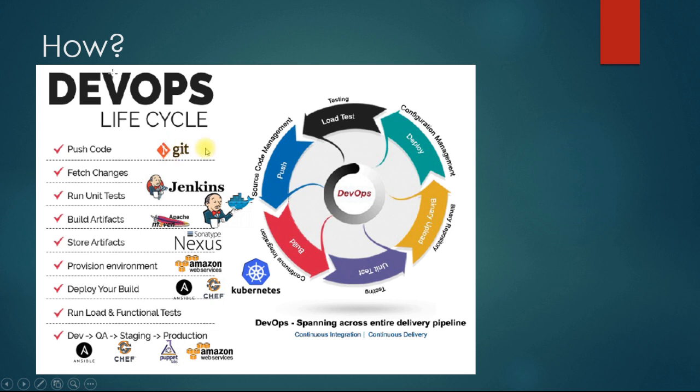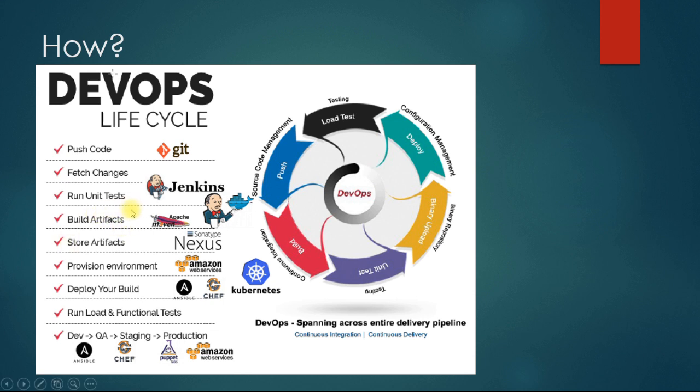So once the code is published over there, then the code will be fetched and there will be some tests that get executed. It will build the artifact or the software. Now, artifact is a very new word for you as of now, a little advanced word, but you can understand artifact as of now as a piece of software.